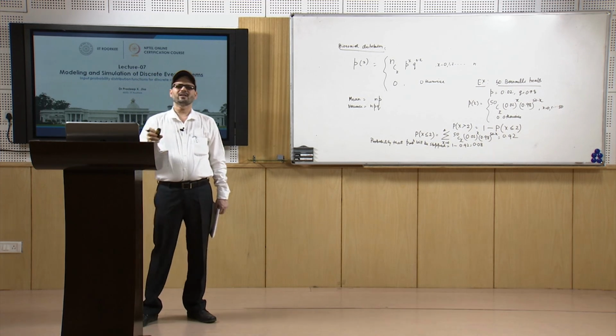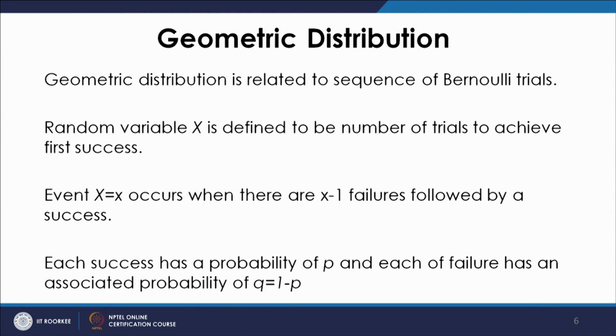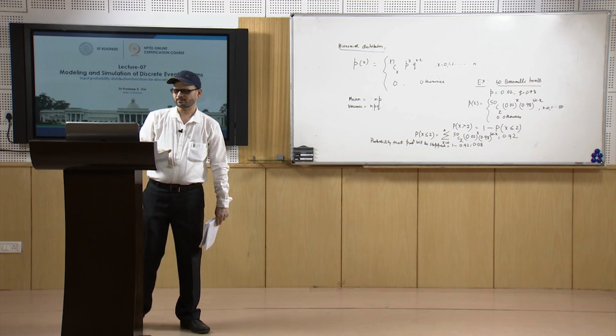Now, you have the geometric distribution. The geometric distribution is related to a sequence of Bernoulli trials. In this case, the random variable x is defined to be the number of trials to achieve the first success.